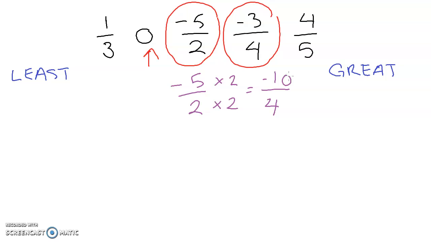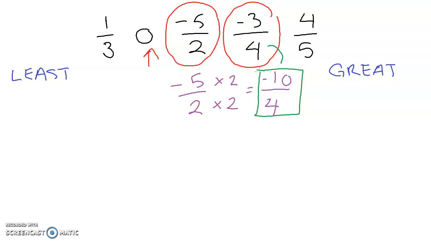When I do that, I get that my negative 5 halves is actually equal to negative 10 over 4, or negative 10 fourths. So now I can directly compare these two because they have the same bottom number. So which one is smaller, the negative 10 or the negative 3? That would be the negative 10.